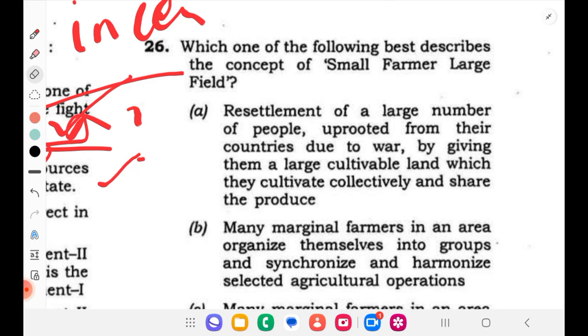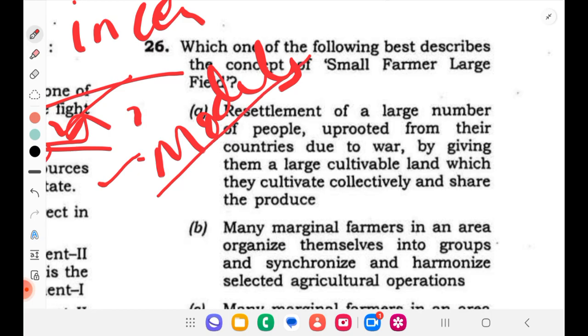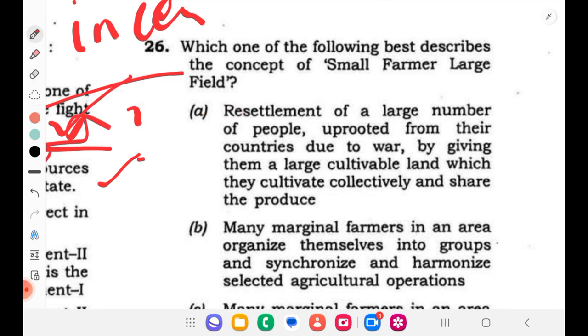To answer this question, you should be knowing different models which are used to improve productivity. One such model is small farmer large field. First I will say what the topic is that you have to learn: agricultural models to improve the marginal and small scale farmers' productivity. So what is this?